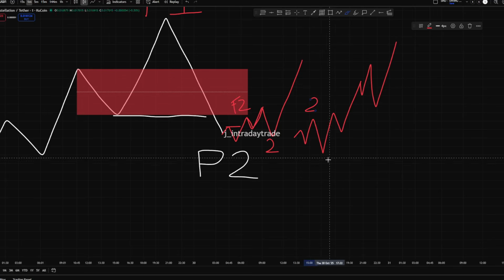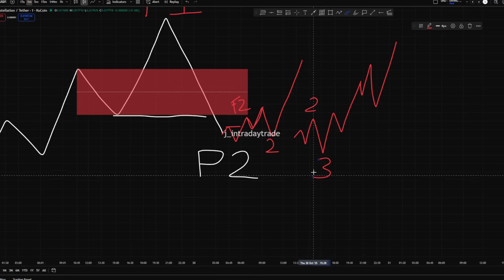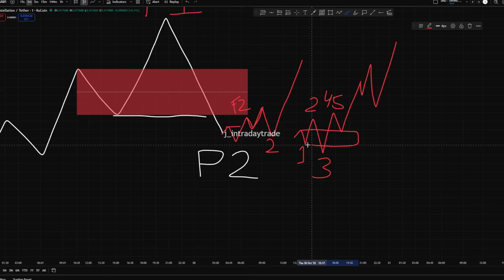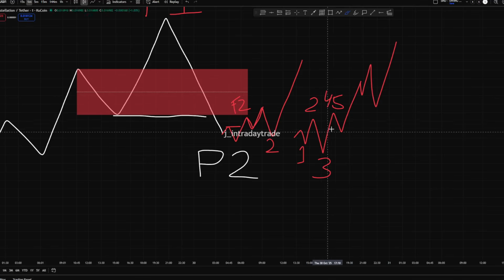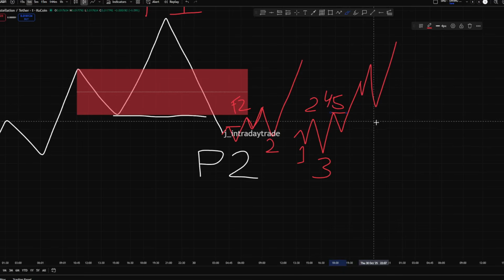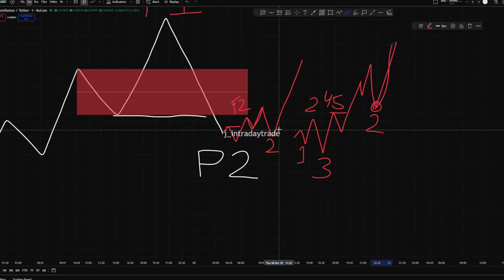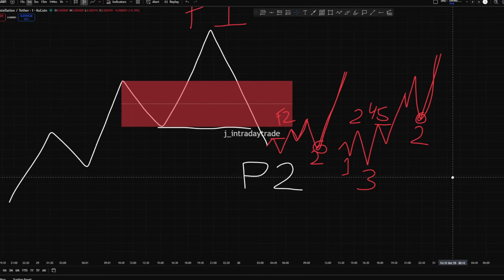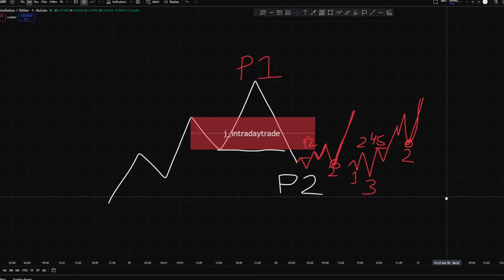So you have that 2, you have this 3, you have that 1, you have that 4 and 5, and that usually goes to bounce into the 1 bounce which is sitting in here. Talk about that later. And so 4 and 5 now is telling you what? Bullish, right? Because price ran itself on the 4 and 5, which tells you direction, which means the next sequence should be a 2. This is your long right here, and this is your long right here. So what you have here is suddenly a different scenario, isn't it?